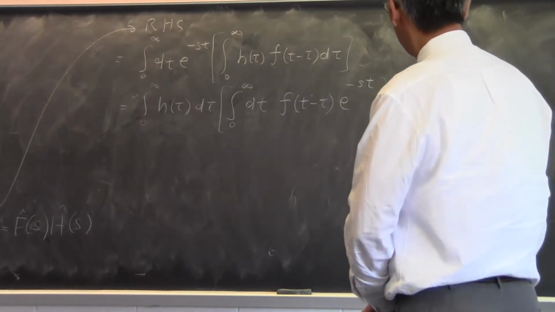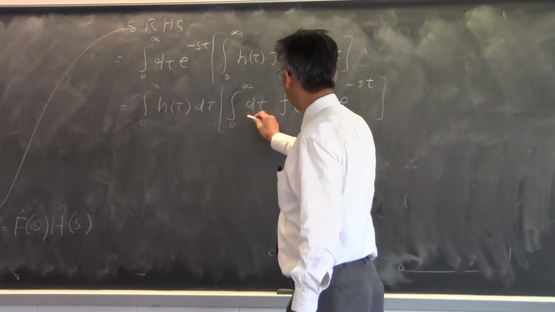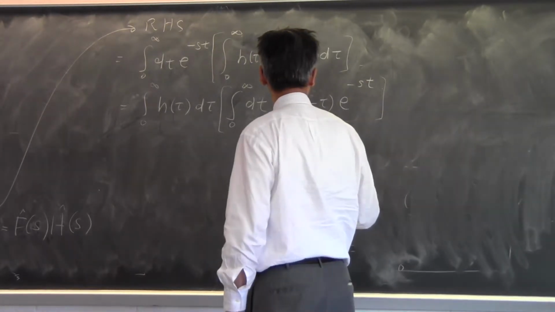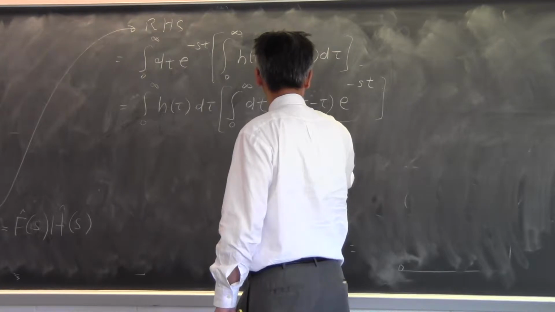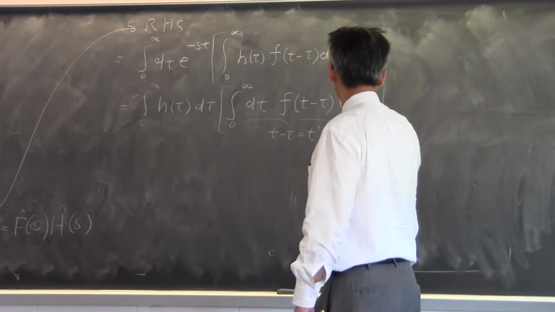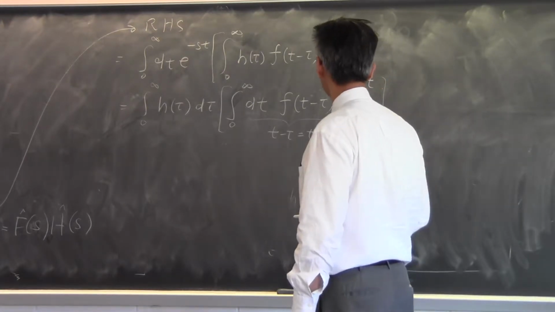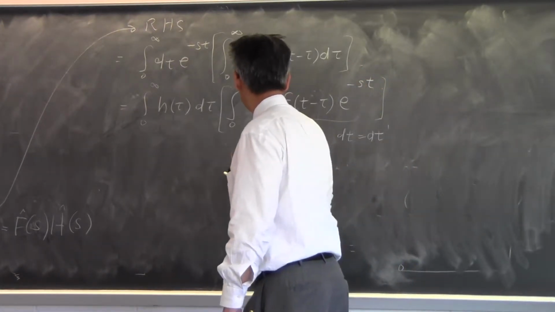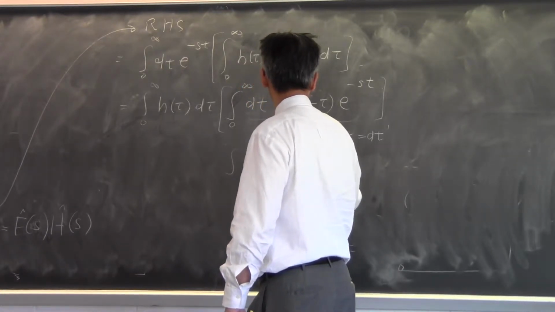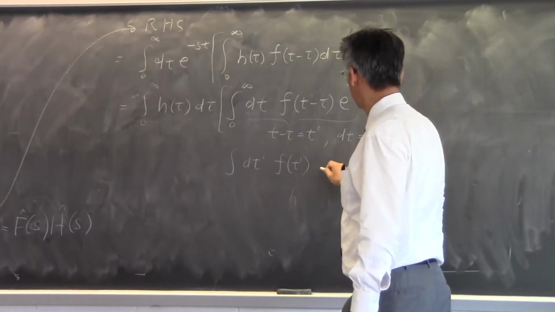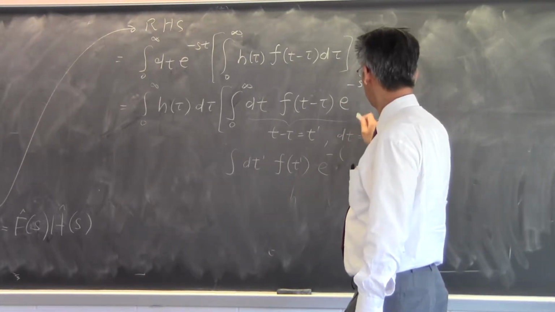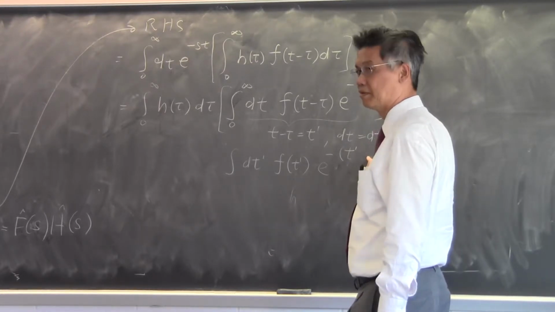Okay, and how do I perform the inner integral? I can do a change of variable and call t minus tau to be t prime. Okay, dt is dt prime, and then the inner integral becomes something like dt prime f of t prime, and then what is to be replaced with t? t is equal to t prime plus something, right?